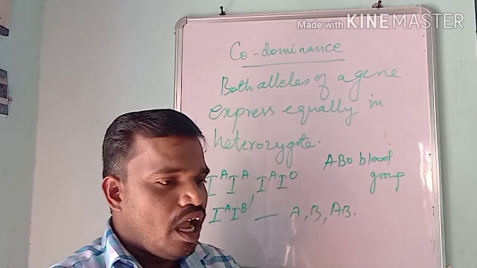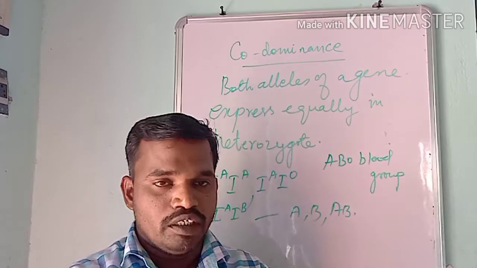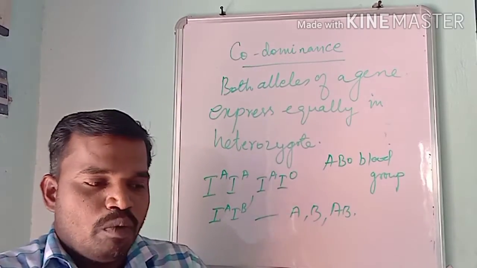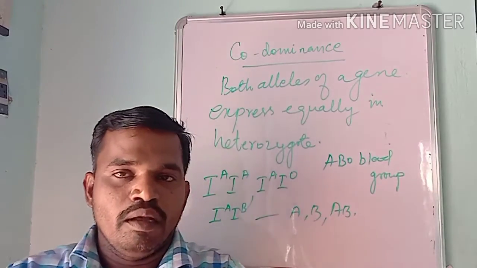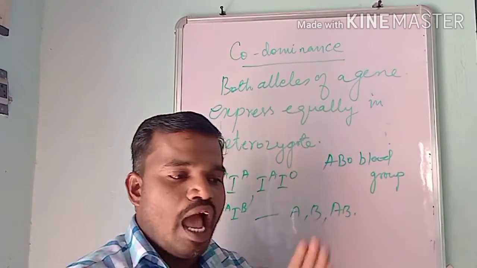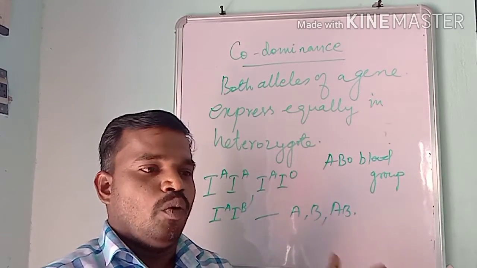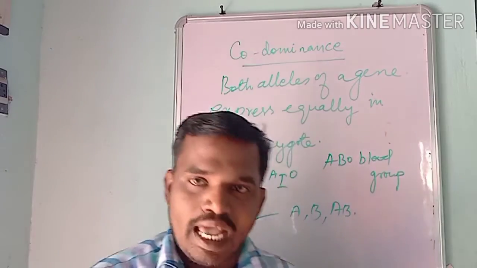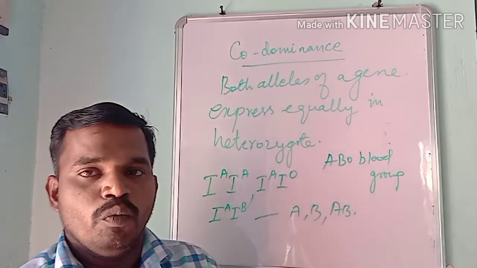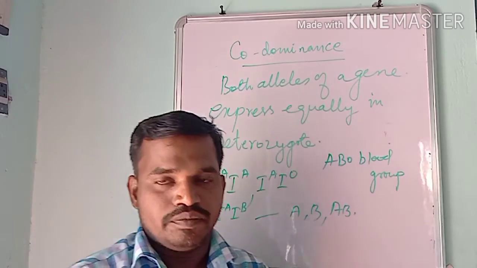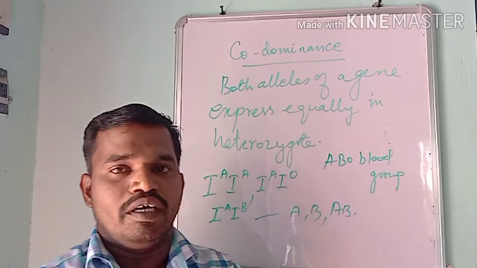When they undergo the mating process and the female dog gives birth to puppies, some of the puppies will be pure white, some will be black, and some puppies will have both colors, black patches on white or white patches on black. So both are expressed individually without any disturbance. Got it? Clear? That will be a good example to remember.